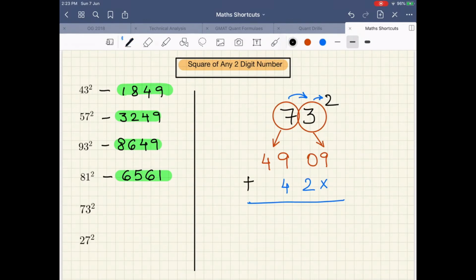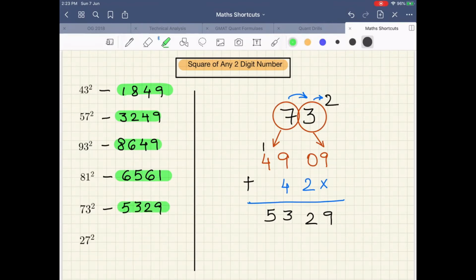Need to add. So I get 9, 2, 13 and 5. So 5, 3, 2, 9.